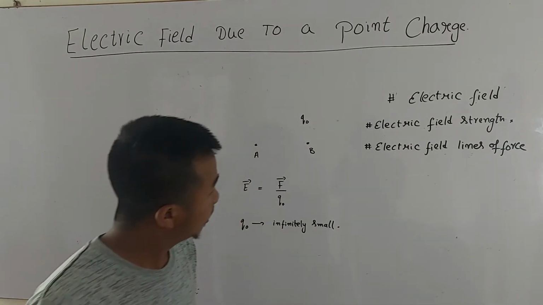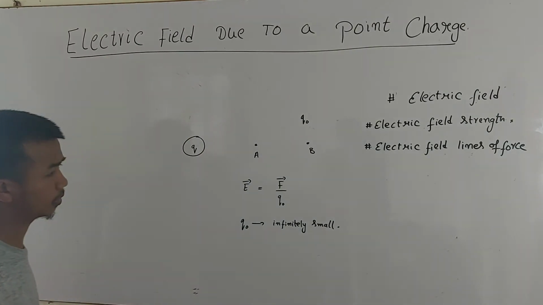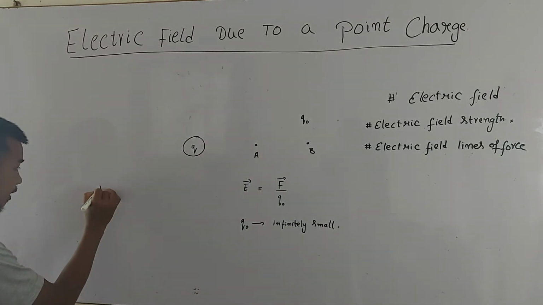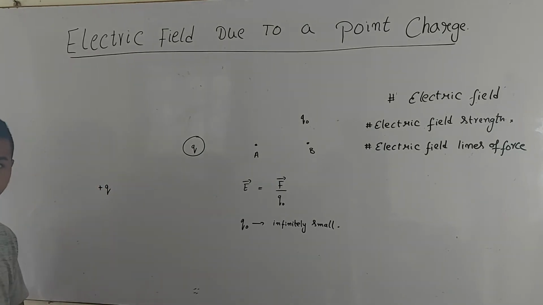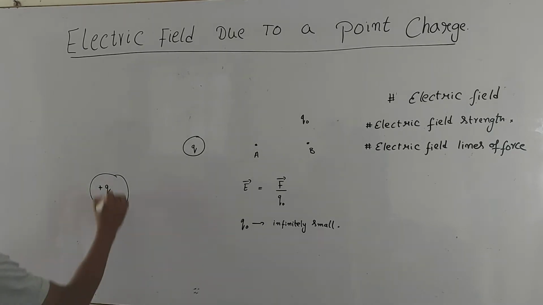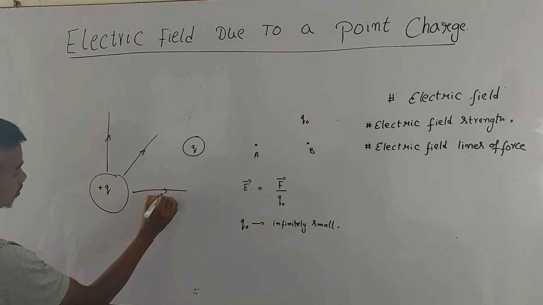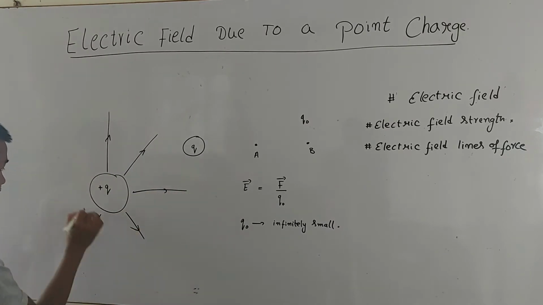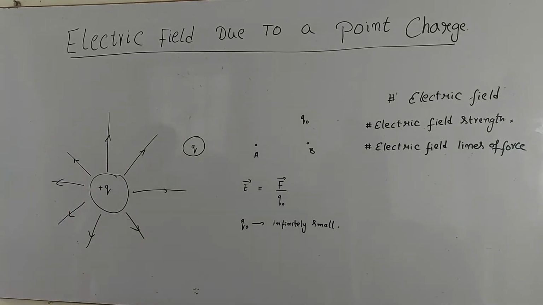Then let us come to the electric field lines of force. If we have a source charge that is positive, plus Q, the electric field lines of force will be like this. So this is the electric field line of force.